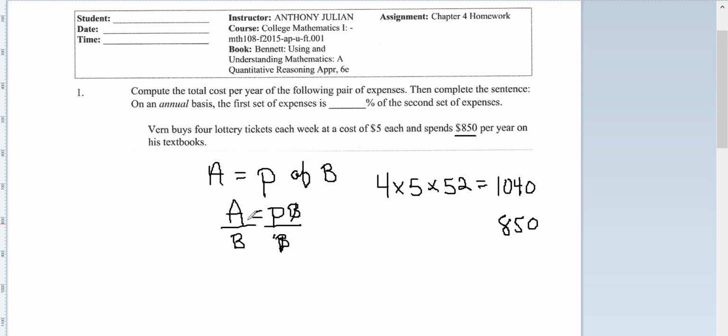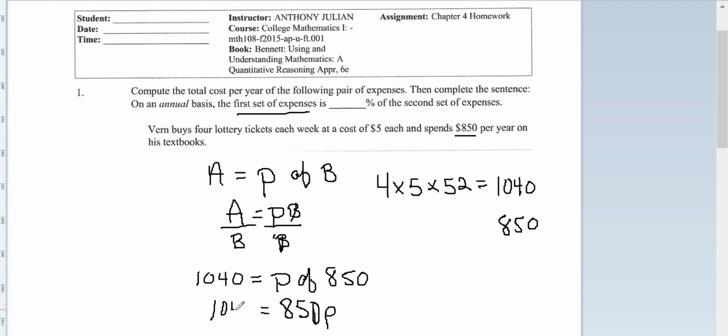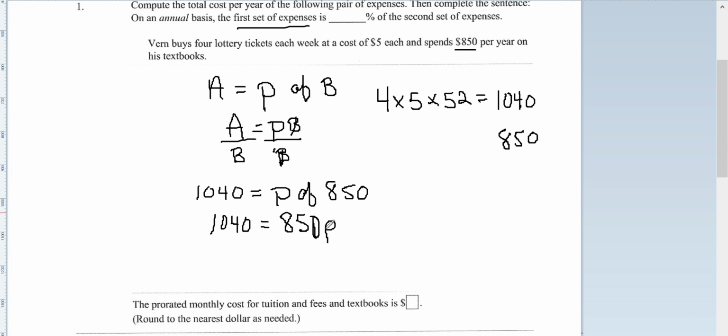So looking at this, I could say the first set of expenses, which is 1040, is what percent P of the second set of expenses, which is 850. This we can multiply together: 850P equals 1040. Divide both sides by 850.